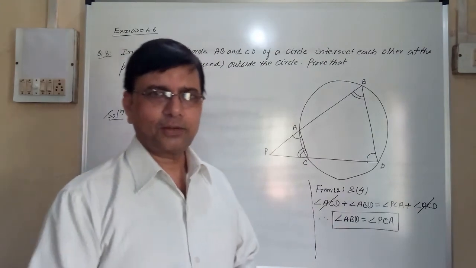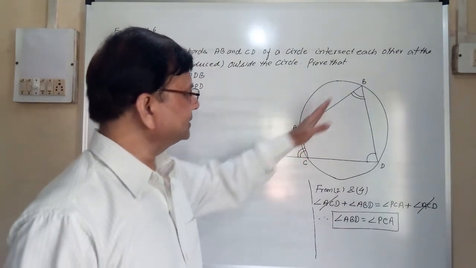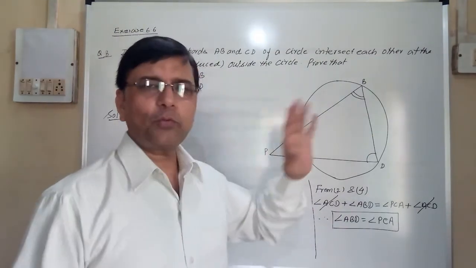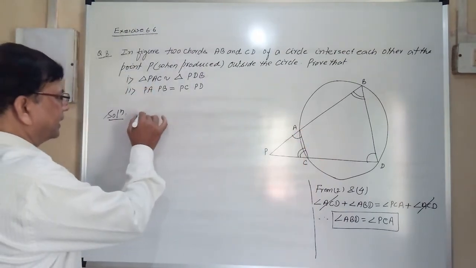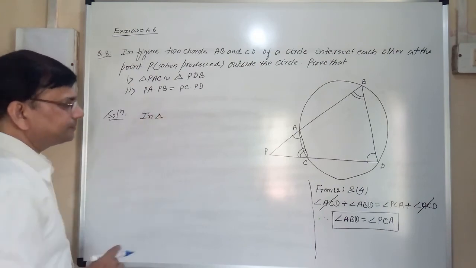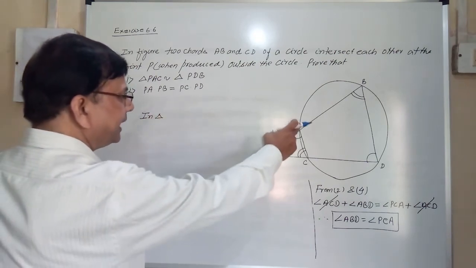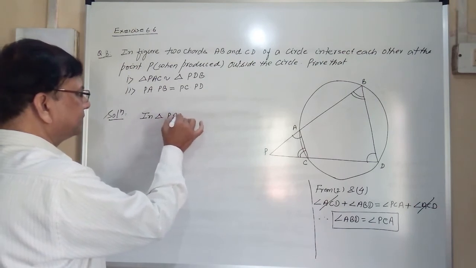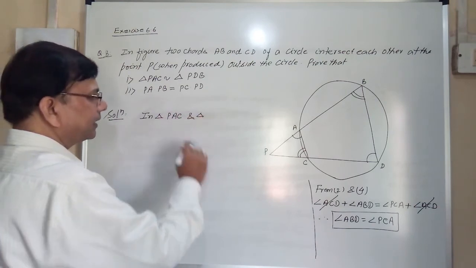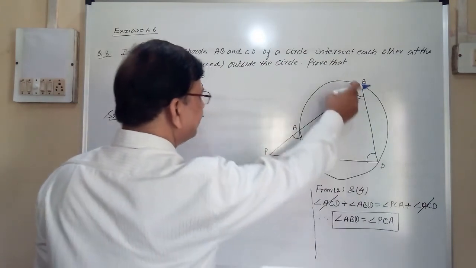So we have got this relation, angles of these two triangles. Now we will consider two triangles: triangle PAC and triangle PDB.